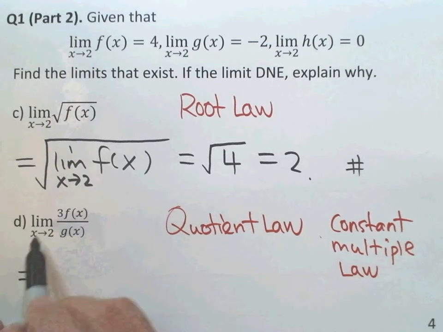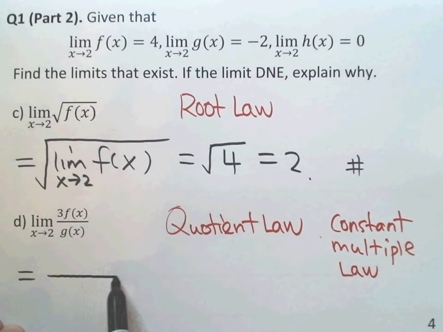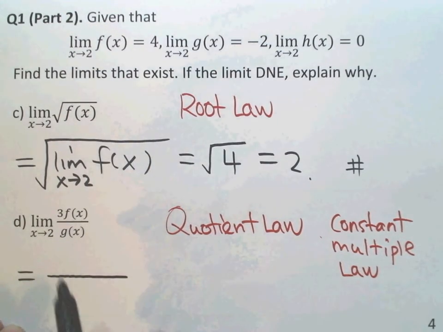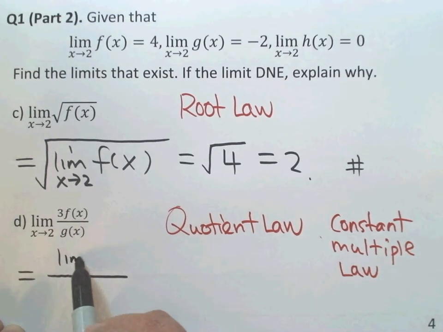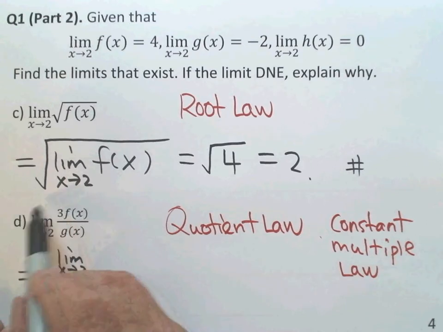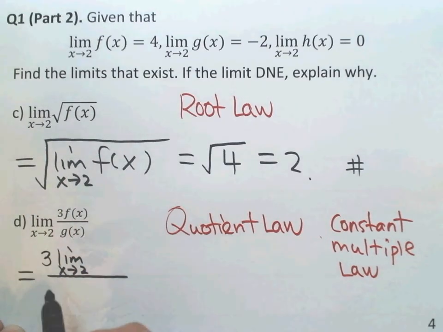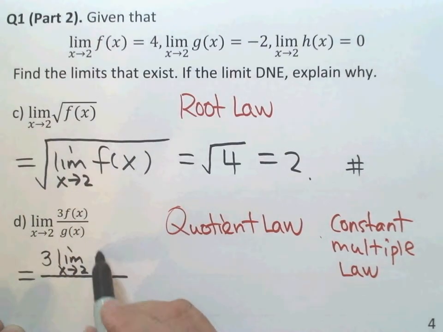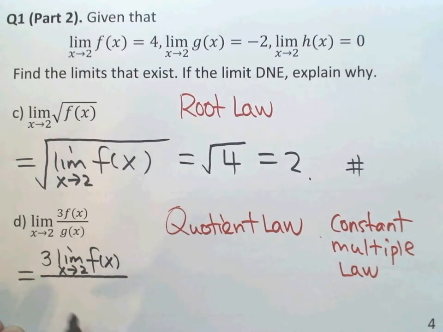We get the fraction: the limit as x approaches 2, and of course the 3 is a constant multiplier, so we put the 3 out front, of f(x).